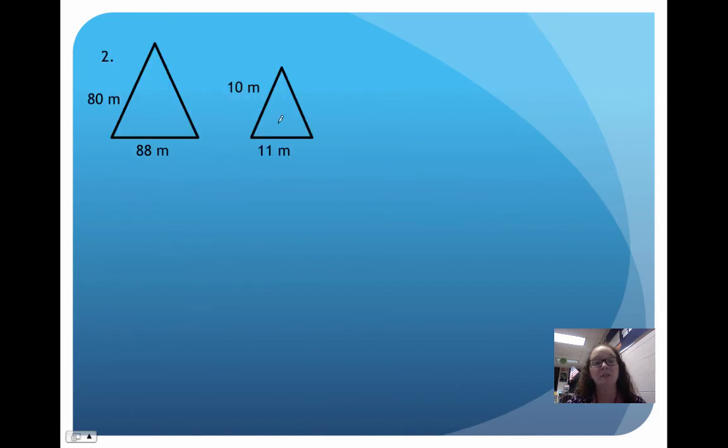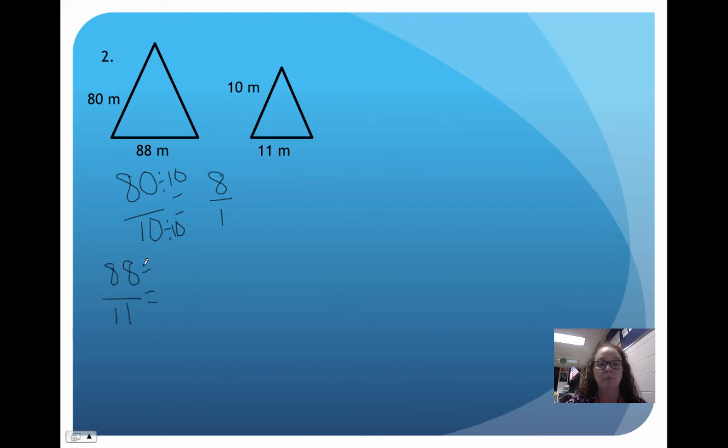What about these triangles right here? Again, pause the video while you work this out for yourself. Okay, we have an 80 to 10 side. Greatest common factor is 10. So 80 divided by 10 is 8. 10 divided by 10 is 1. And down here we have 88 to 11.